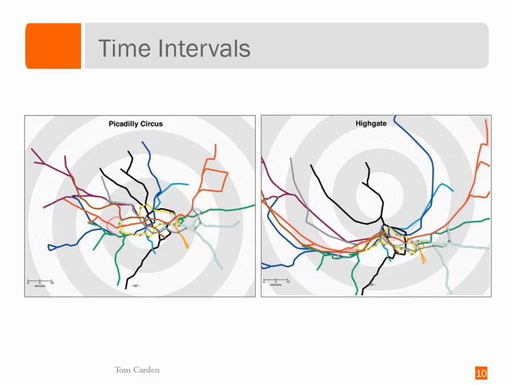So what you see is at the very center, let's take a look at the visualization on Piccadilly Circus. You'll notice that at the center, it's all white. We have basically a 10-minute interval from the center point until we reach the edge of the first gray ring.